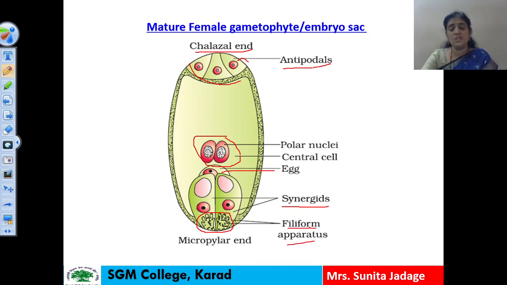What is the function of the filiform apparatus? It guides the pollen tube towards the entry point inside the ovule. After pollination, pollen grain germination occurs on the stigma, and that pollen tube grows towards the ovule.